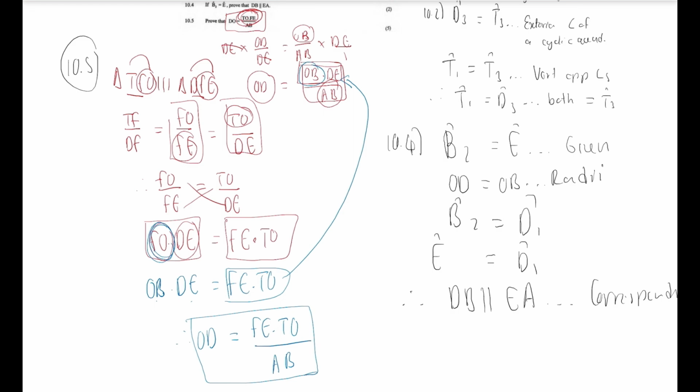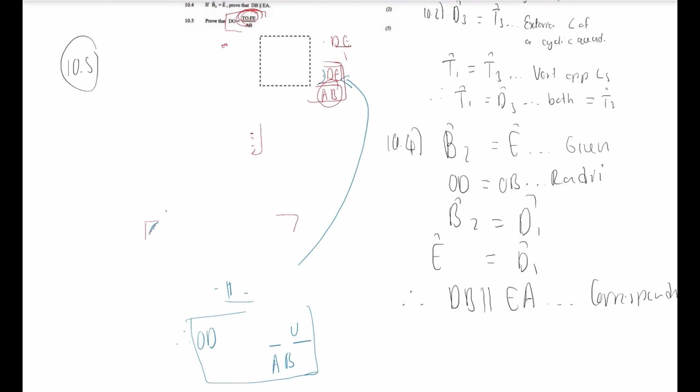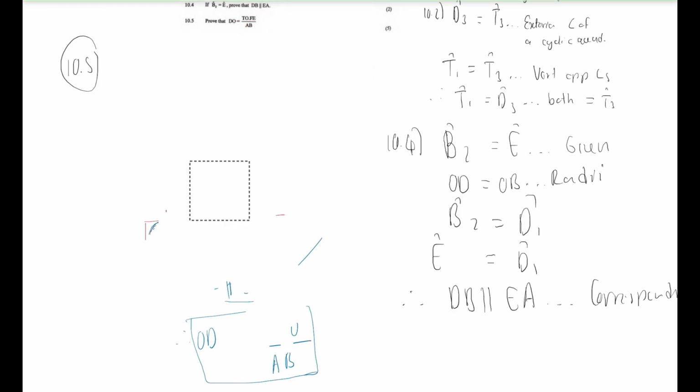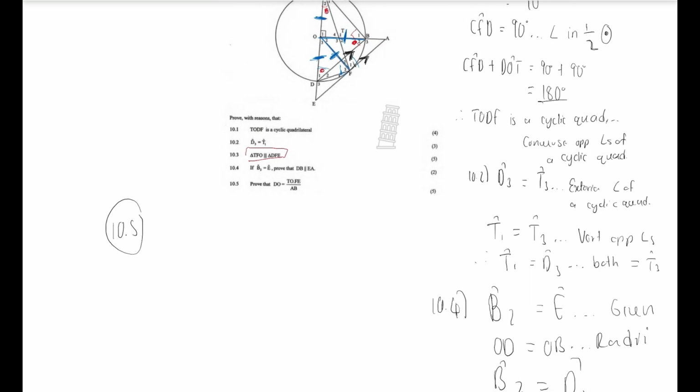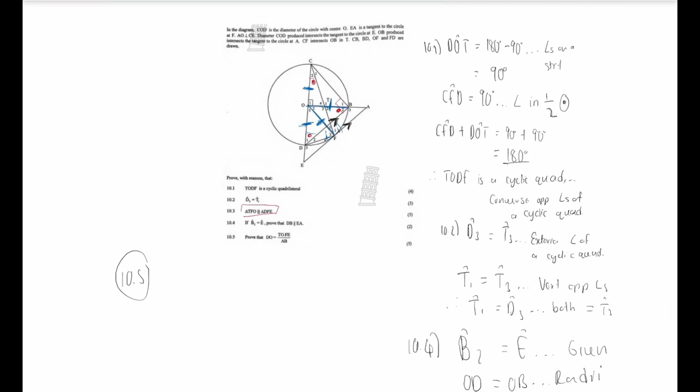But now we are going to have to put it into writing. That's the most important thing, right? So let's put it clearly into writing. You've got the general idea of what you're going to be doing. So now we're going to say OD over DE equals OB over AB.